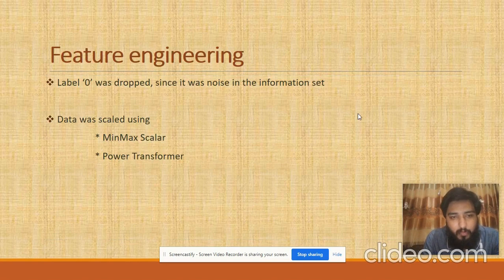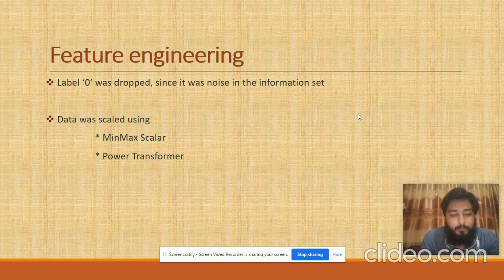So what we have done for feature engineering: first we dropped label zero, which was the noise for our data, and secondly, this was the main part, we converted our data points using a min-max scaler as well as power transformers. The details about both are in my Jupyter notebook.